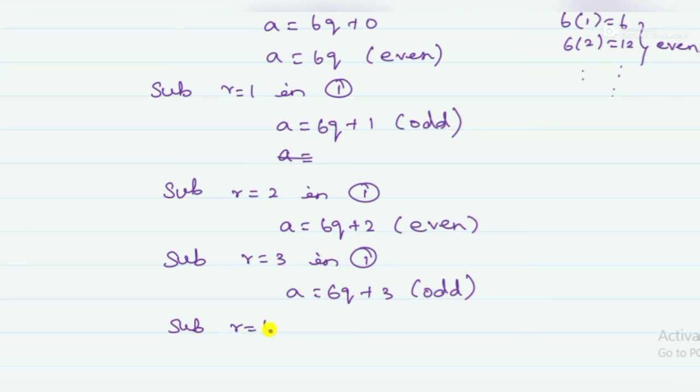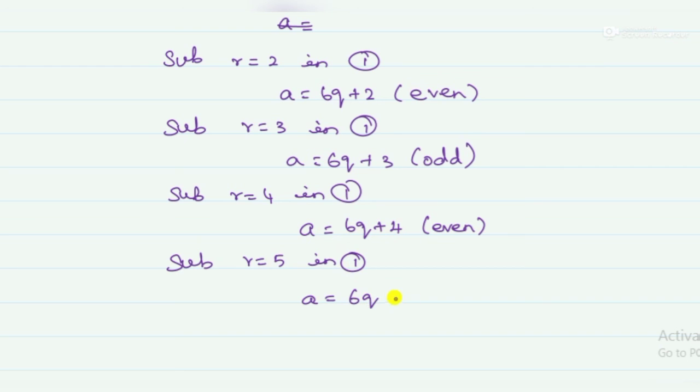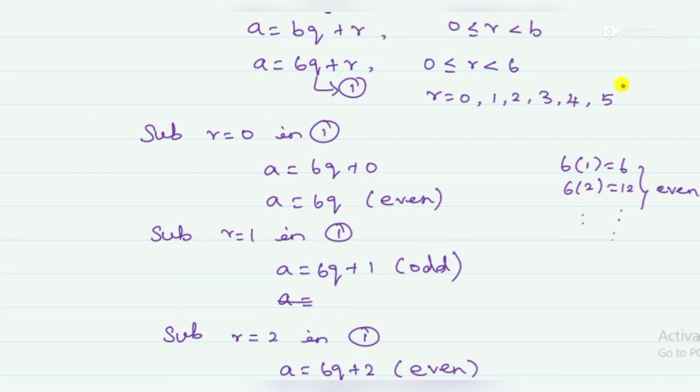Substitute r equal to 4 in 1. a equal to 6q plus 4. So even number plus 4 will become an even number. Substitute r equal to 5 in 1. a equal to 6q plus 5. So it is an odd number. So r takes the possibilities from 0 to 5, so we can stop.